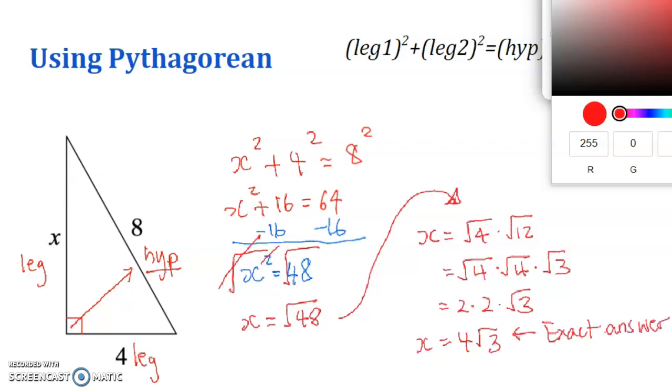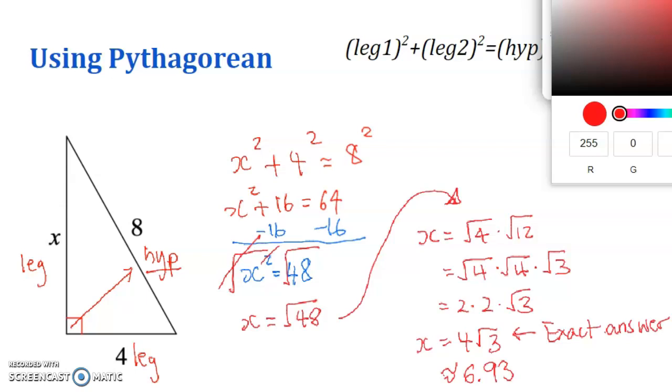And if I was to find an approximate answer using the calculator, I would get 6.93 to 2 decimal places. Okay, so now look at this number. Does this look right?